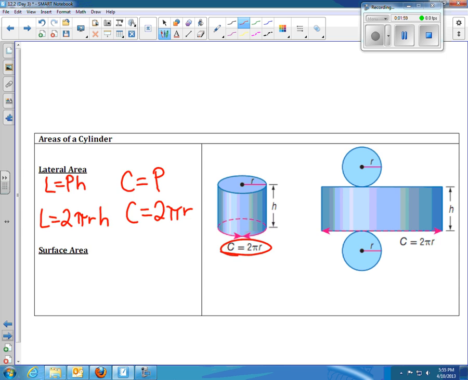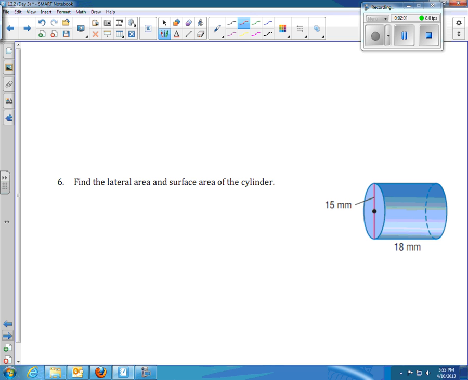So before we do surface area, let's go to this first one here, and let's find the lateral area of this figure. So our lateral area is 2 pi r times the height. So 2 times pi, r, remember, is our radius. And so if our whole diameter is 15, that means our radius is 7.5.